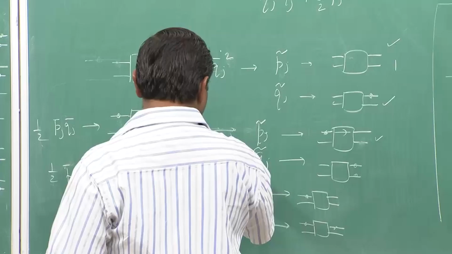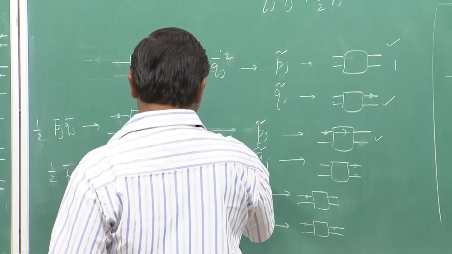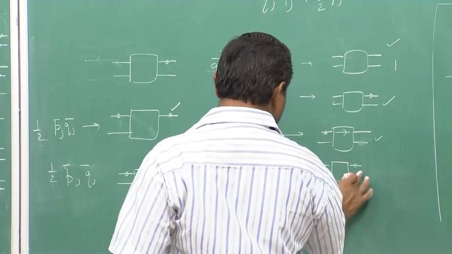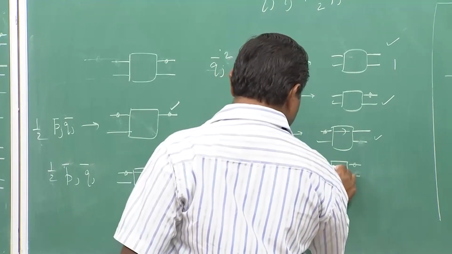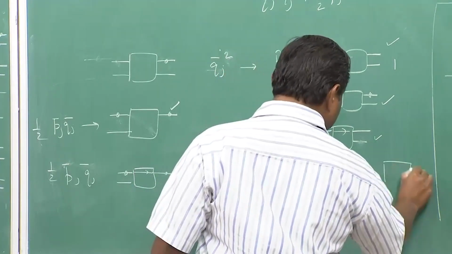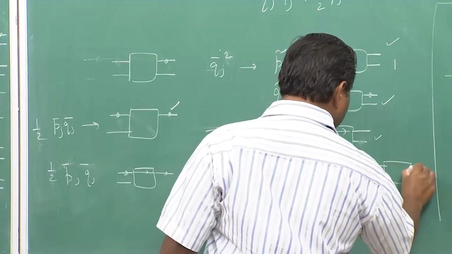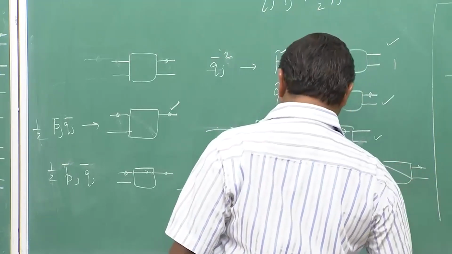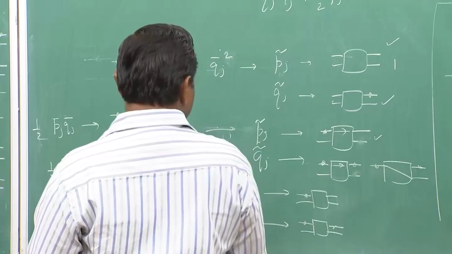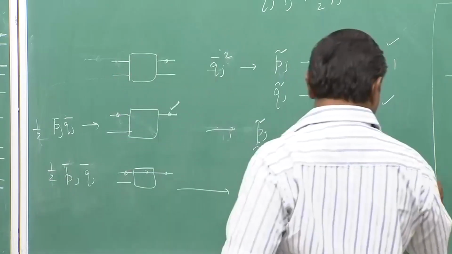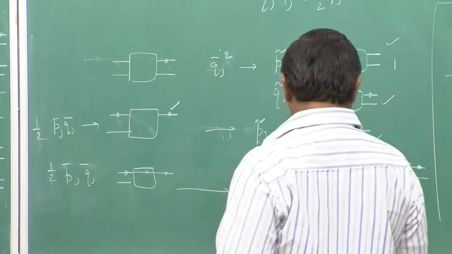And with probability Qj, if the packet does not go, you will have either this scenario or this scenario. Okay. Only these two scenarios will be there, right.